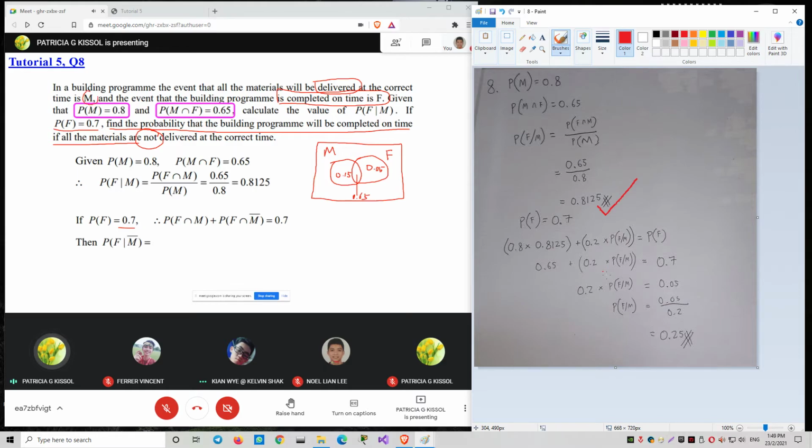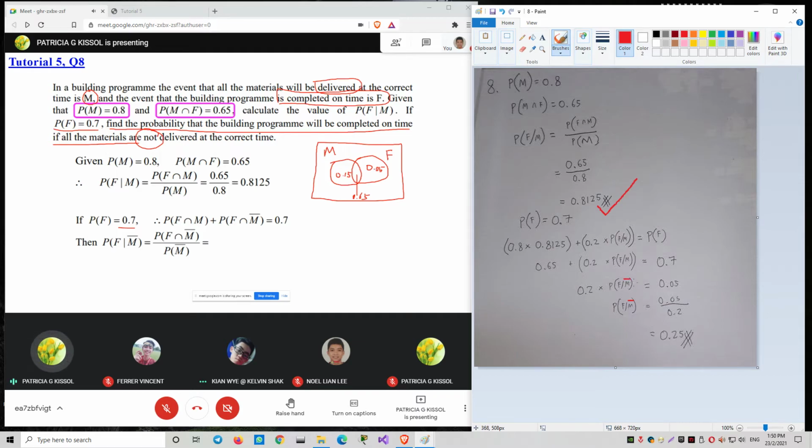So that's what the question wants, probability of completed on time, given that the materials are not delivered on time. So with this, we have to apply the conditional probability formula, which, as you know, the numerator is just the intersection between the two events, divided by the probability of not M.